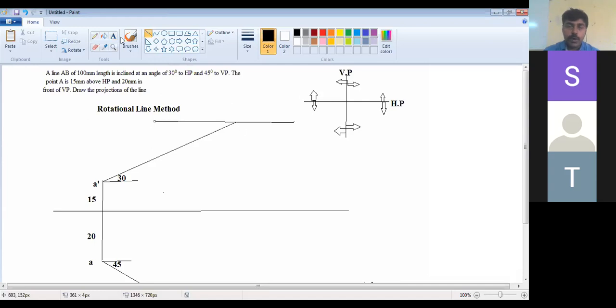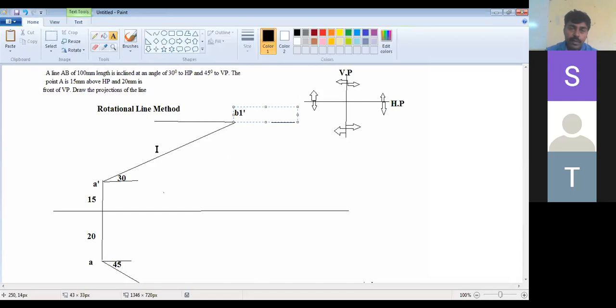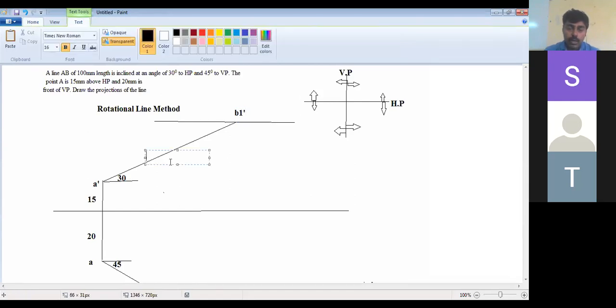Here this point is called B1 dash. How much length is it? They are saying it is 100 mm length. So we marked 100.